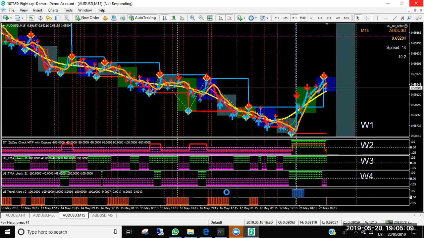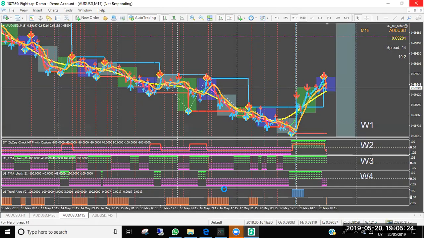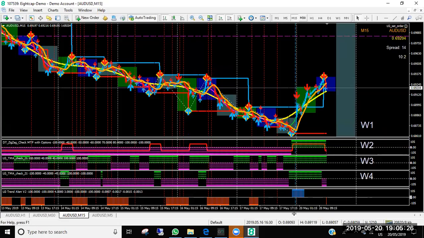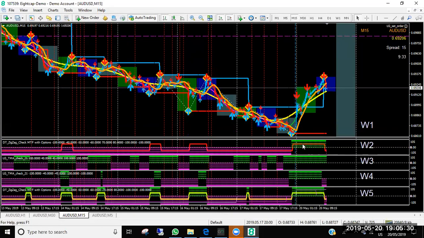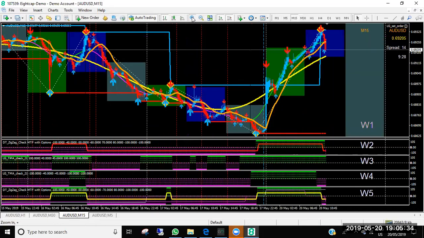Okay, so all I'm doing is making sure that even though the LG trend alert V2 doesn't make an alert when it draws a vertical line to show where it sees the river line is, we can still get it to draw. Okay, so I'm just waiting for it. Okay, so there we are.